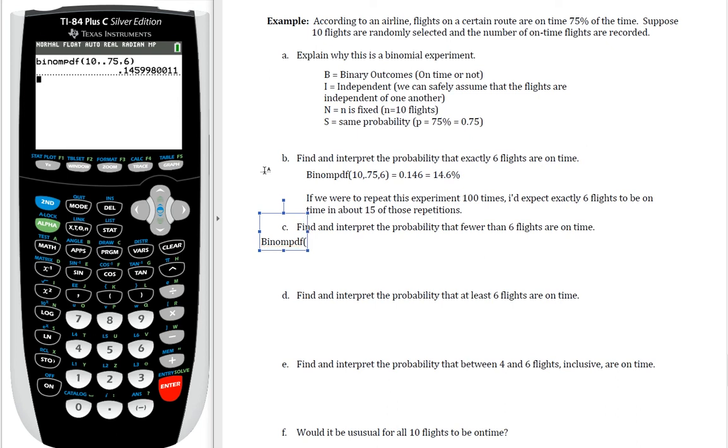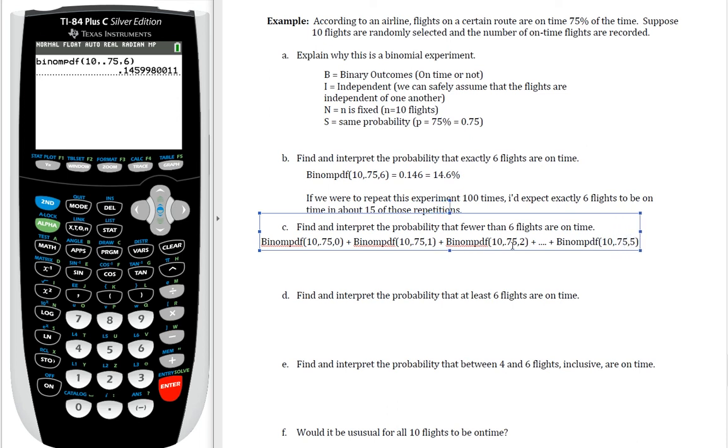So what I could do is Binomcdf of 10 trials, 0.75, comma 0. That'd be the likelihood of 0 successes, plus Binomcdf of 10, 0.75, and 1, plus Binomcdf of 10, 0.75, and 2, plus etc., etc. I could do this all the way up to Binomcdf of 10, 0.75 up to 5 successes.